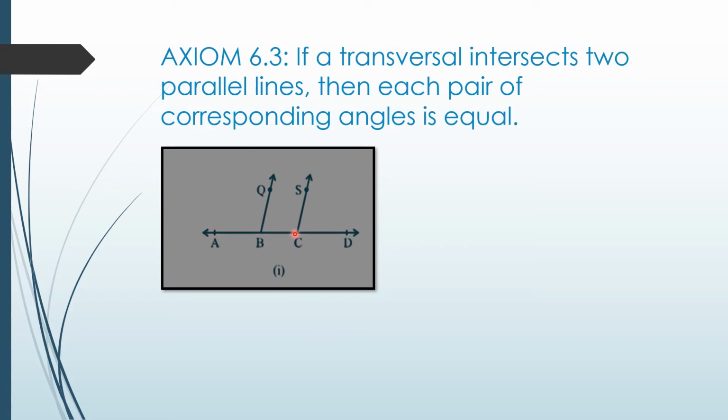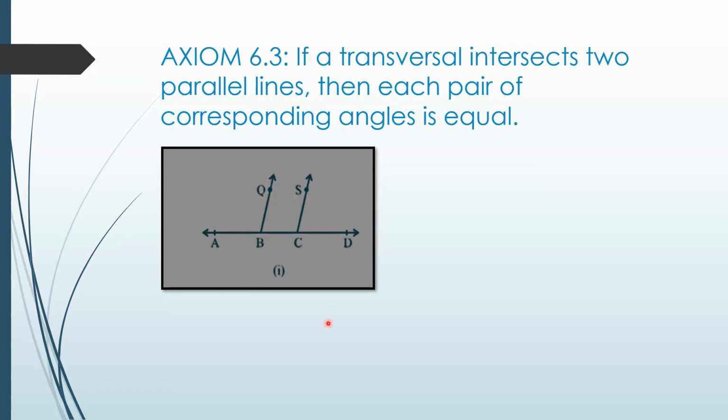Here I have taken a line AD and on it I have taken 2 points B and C. Now I draw two rays BQ and CS in such a way that angle ABQ and angle BCS are corresponding angles. Now I have to show that the lines that will be formed would be parallel.